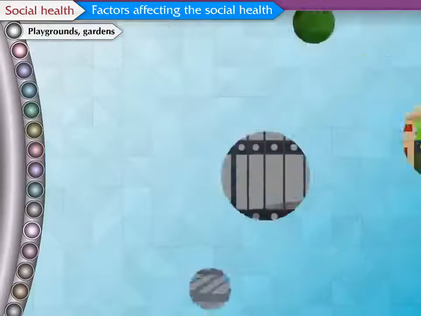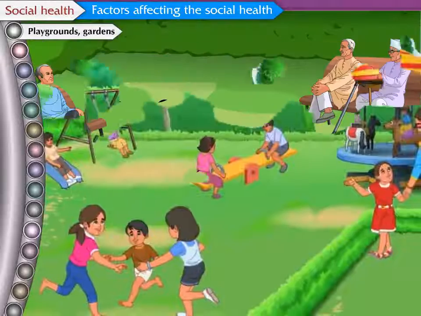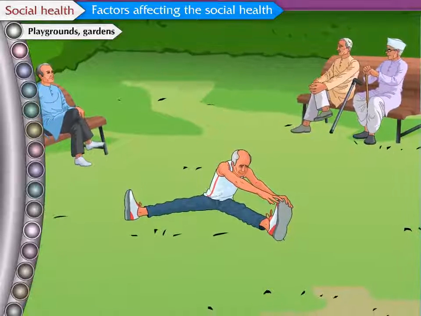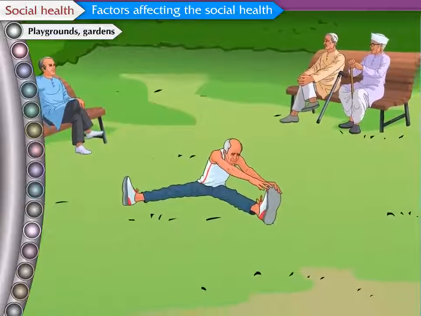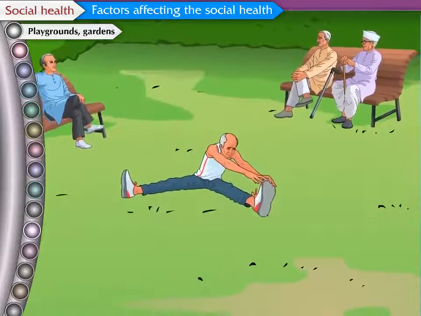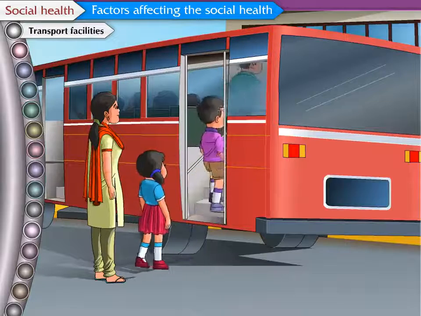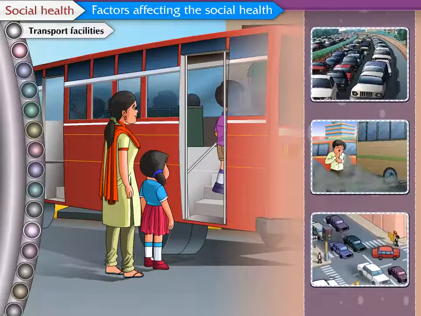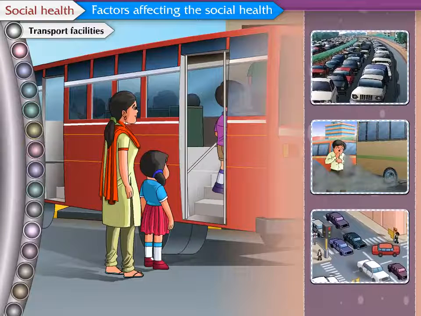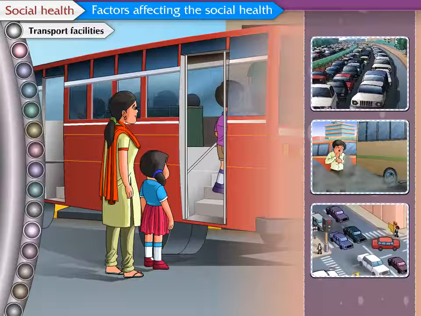Facilities like playgrounds and gardens provide happy space for the children to play and for the aged people to exercise. Such facilities also help to develop a positive change in the social health. Use of public transport facilities on large scale reduces traffic on roads, helps to maintain air pollution, sound pollution, and thus by this, social health can be improved.